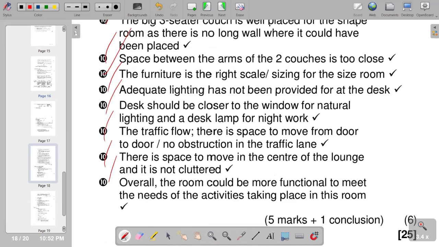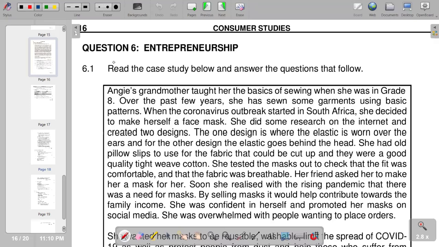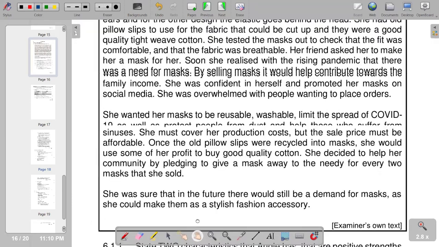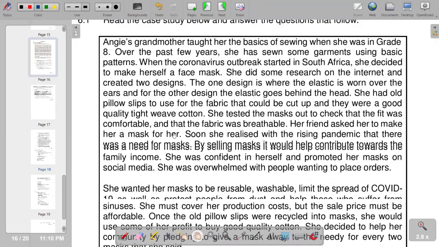And of course, we still have to go to our question 6. So question 6 is on entrepreneurship. The question reads, read the case study below and answer the questions that follow. So you're given a case study that you need to go through before you answer the question. So this is the case study that we have.